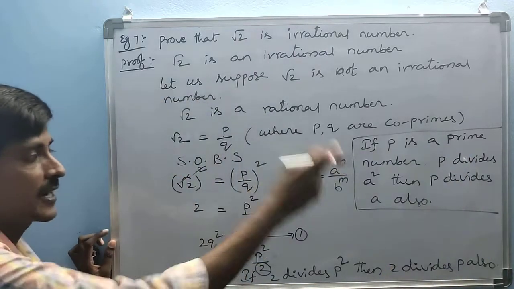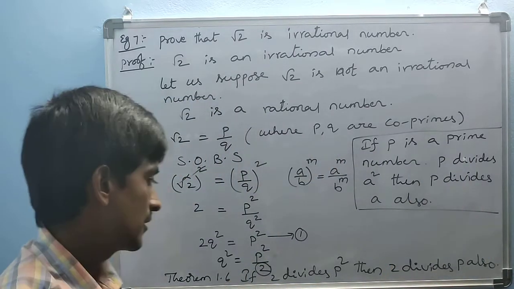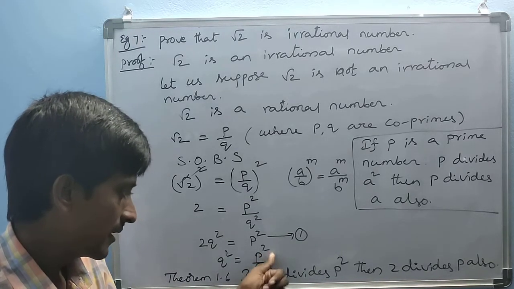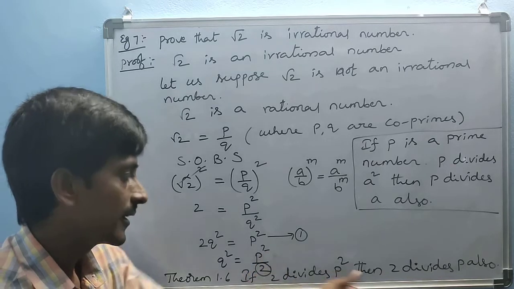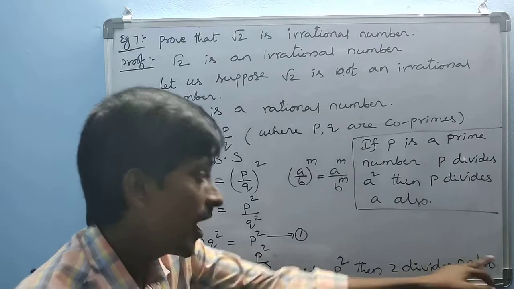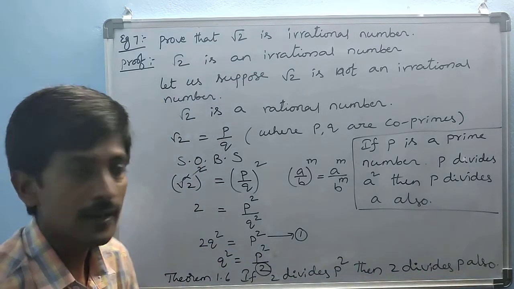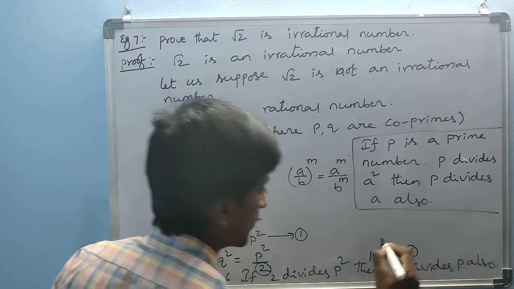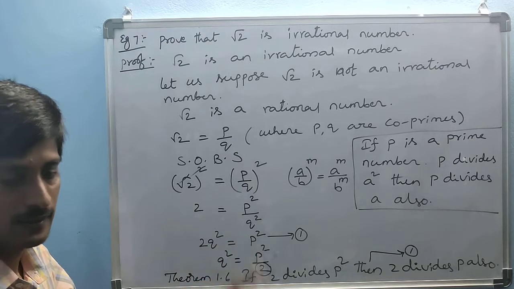That is theorem 1.6. 2 is a prime number. 2 divides p square. Here 2 divides p square. Then 2 divides p also. Okay, this is the first one. Clear here?